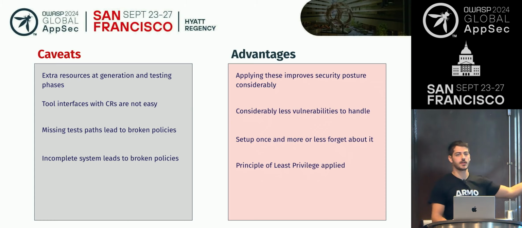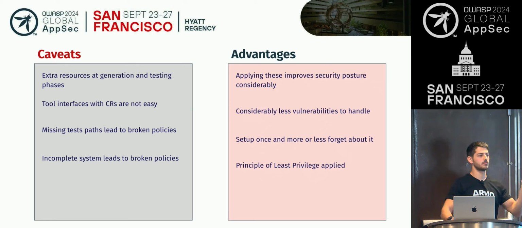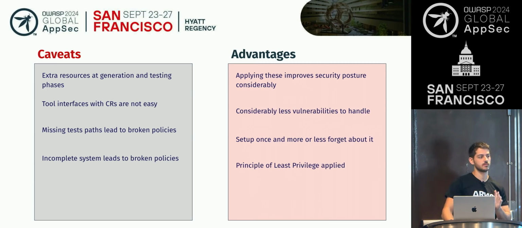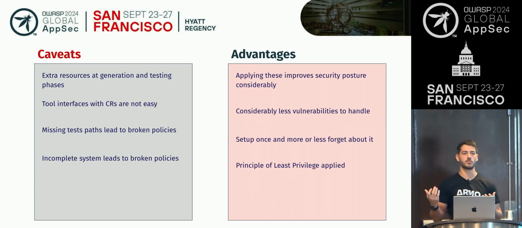If you don't have certain test paths, if you're doing tests with an incomplete system, so you're not testing all the components together, this can break this method, right? Because with this method, we need to record all the network activities and all the system calls. So if you don't have good tests, then we're going to miss some things.